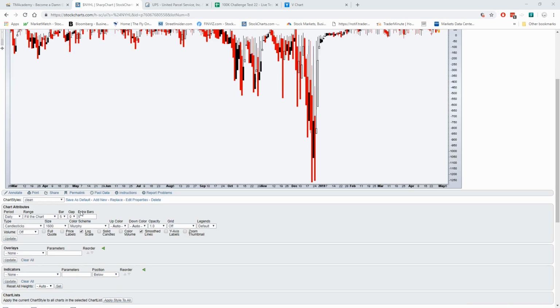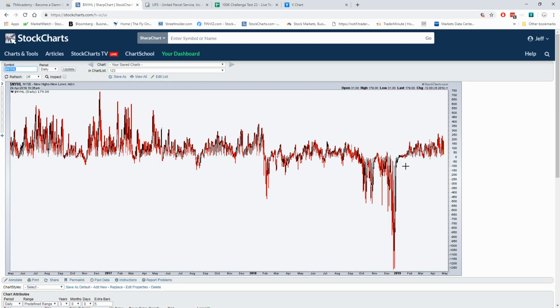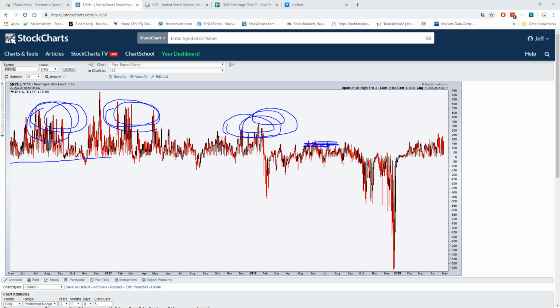But if we back this chart out to 3 years, and compare this to other bull markets: 2016 bull market, where everything was flat, many more new highs than new lows. 2017, many more new highs than new lows. End of 2017, many more new highs than new lows. 2018, here we are, ahead of the sell-off.